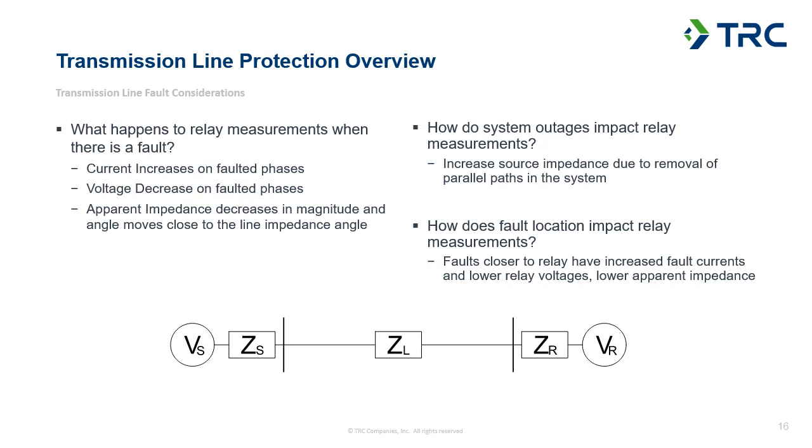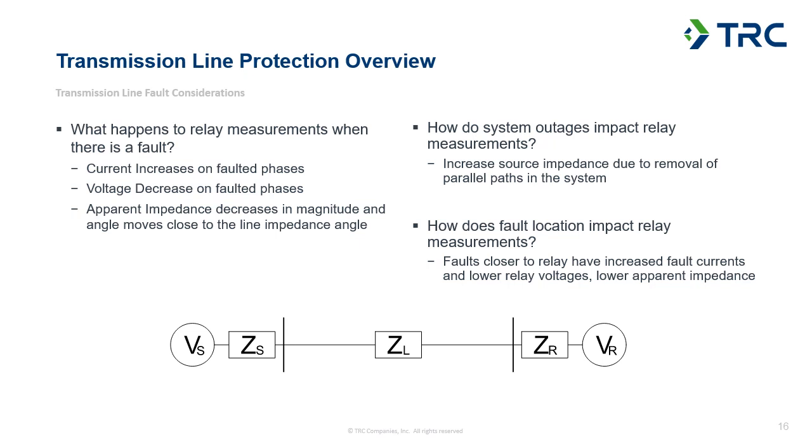And in doing so, we're going to increase the source impedance. So for instance, this ZS, if on that side of the system we take one of the lines out that's feeding the bus, and that line is taken out of service by opening the breakers for maintenance or some other purpose, or maybe another fault has tripped that line off.